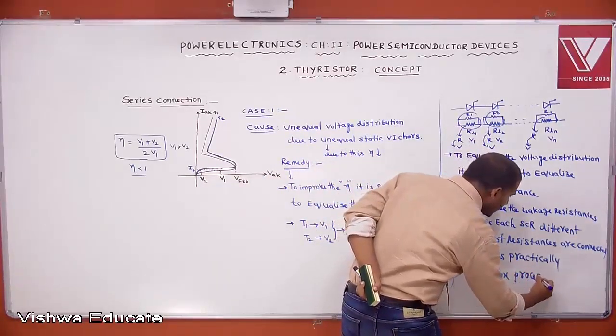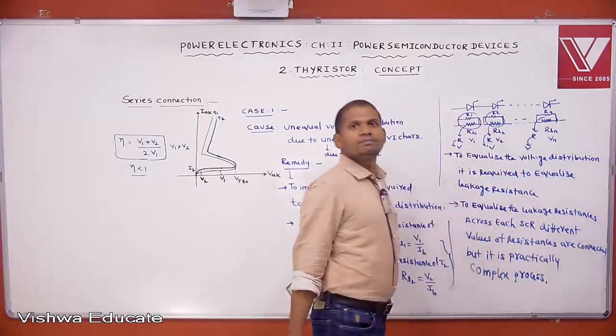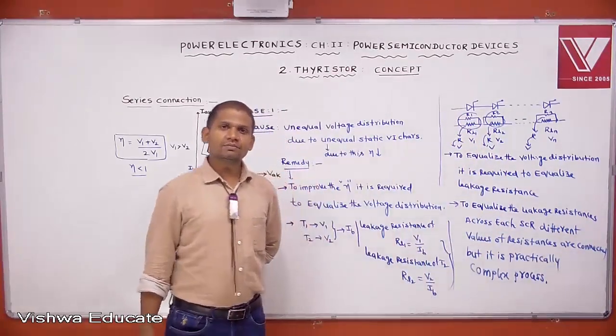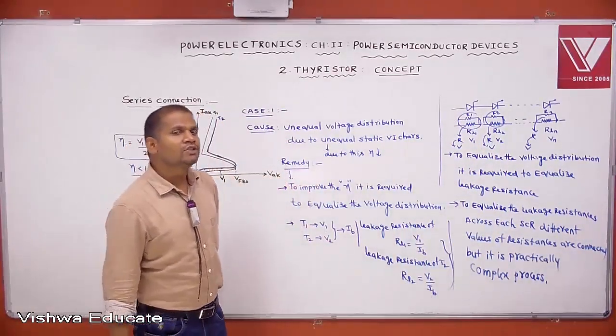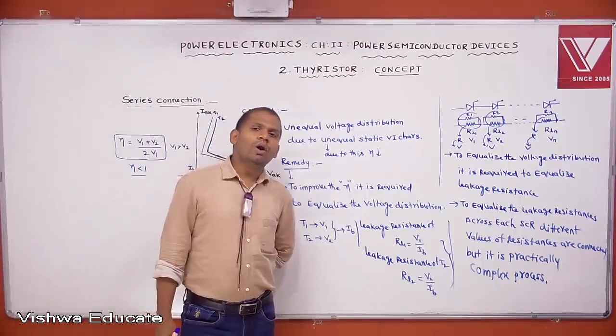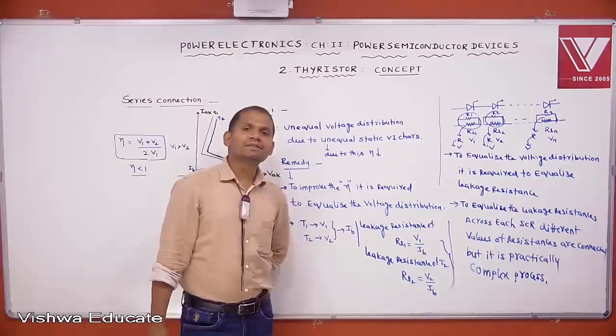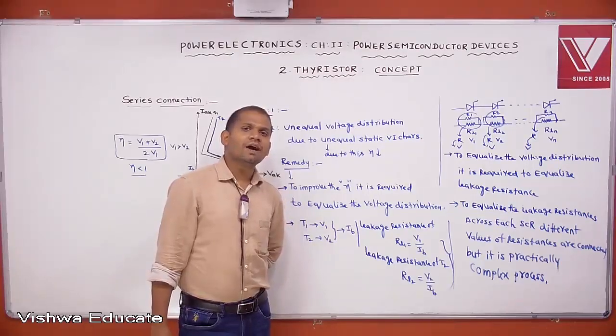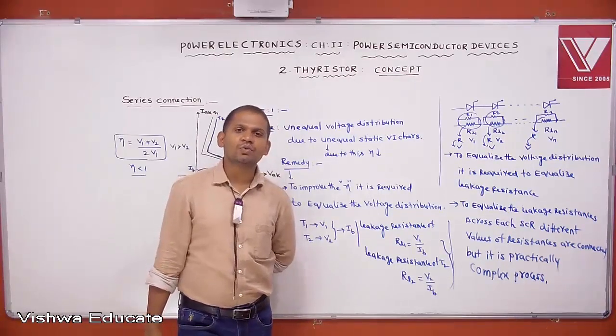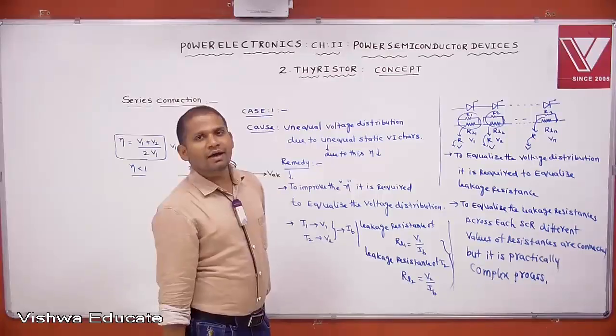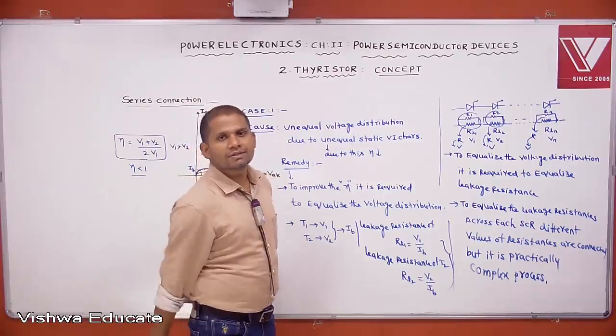Then what can you do now? One method is to equalize the voltage distribution by equalizing the leakage resistance across each SCR, where different values of resistance we want to connect. But I am telling that it is a practically complex process.